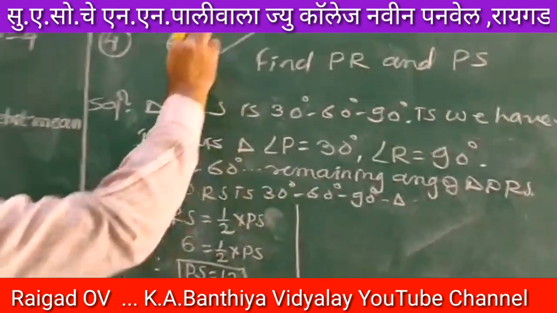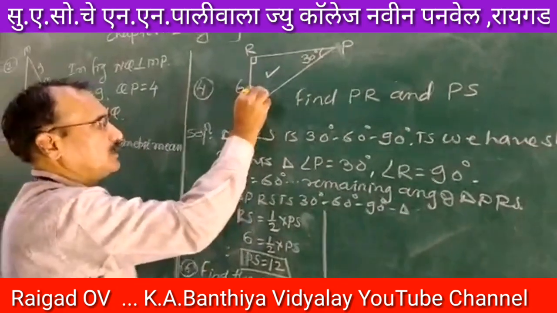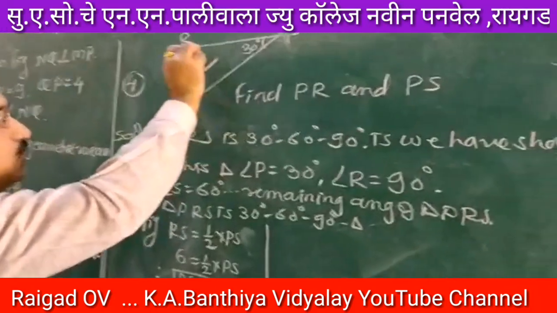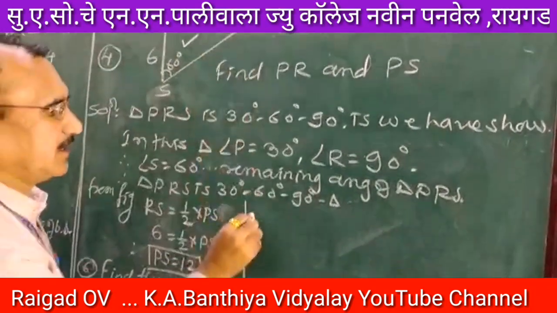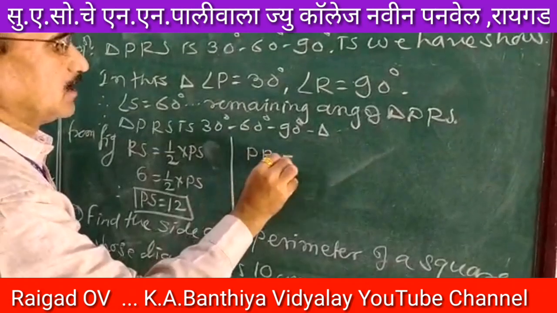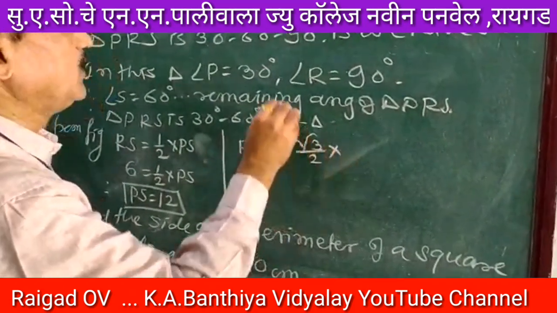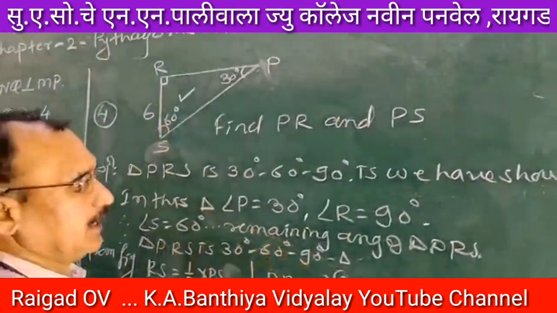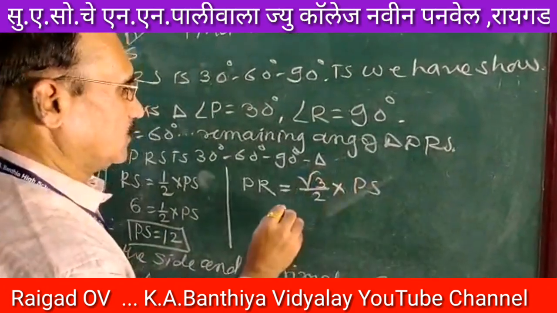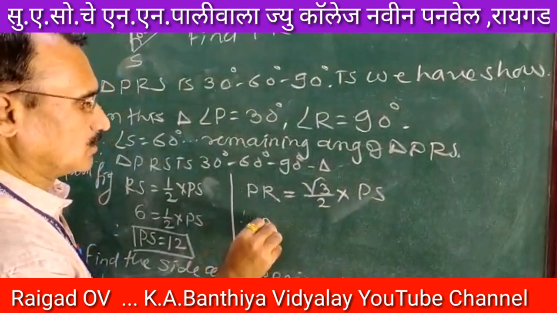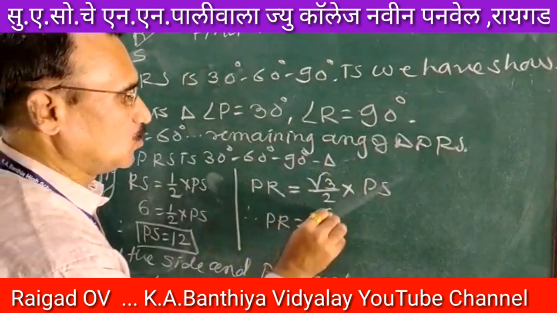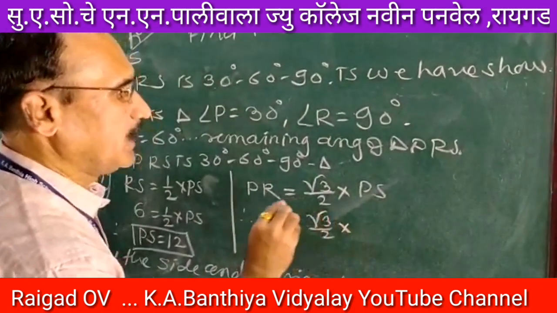Now for this one, we know this is a 60 degree angle. We have to find PR, and therefore PR is equal to √3/2 into PS.